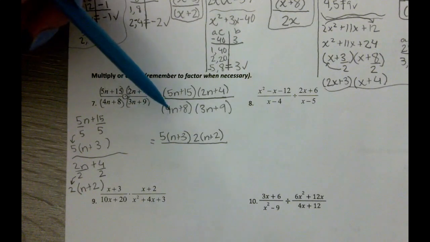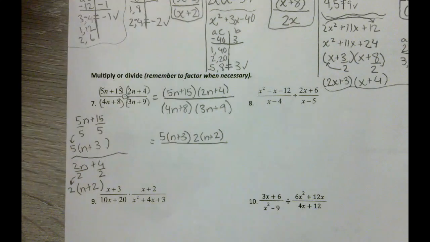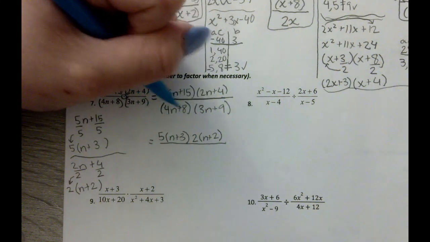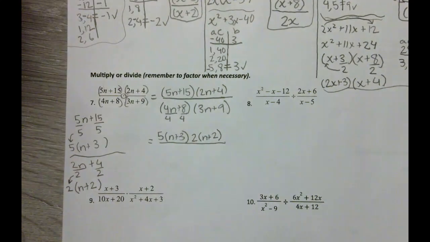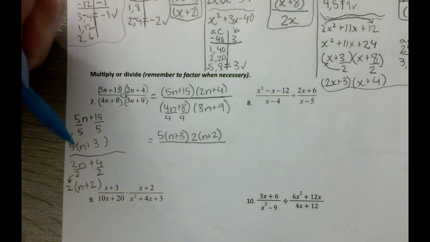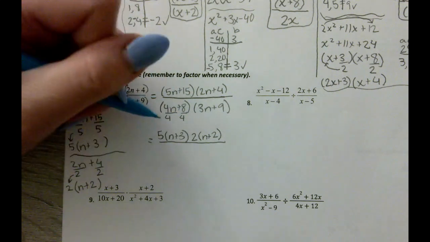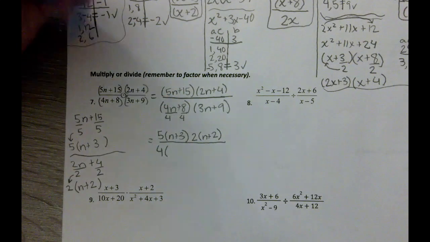Now on the bottom, I could take advantage of this space I left myself. 4n plus 8, this is another GCF. 4 and 8, they have 4 in common. And 2, but we want the biggest one. Now I can't show as much work as I just did a moment ago, but hopefully you're getting the idea. Don't forget the 4 comes out, it does not disappear.